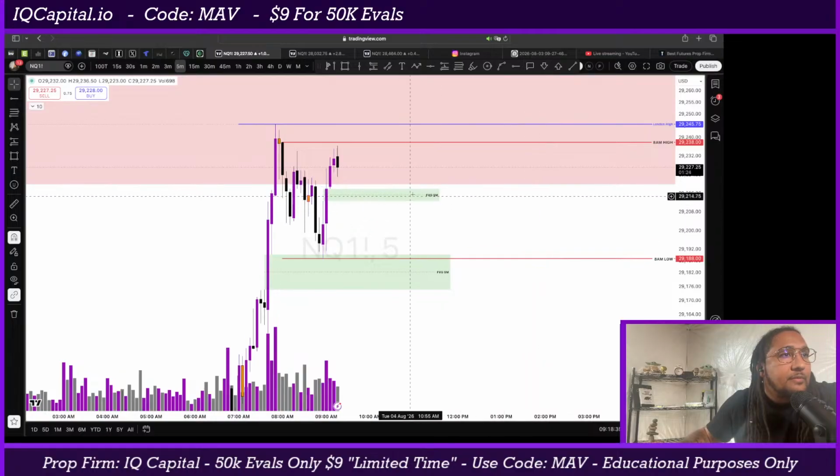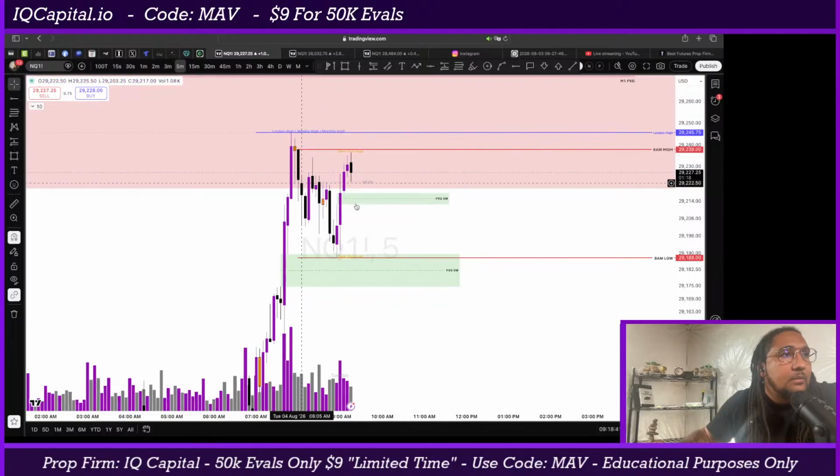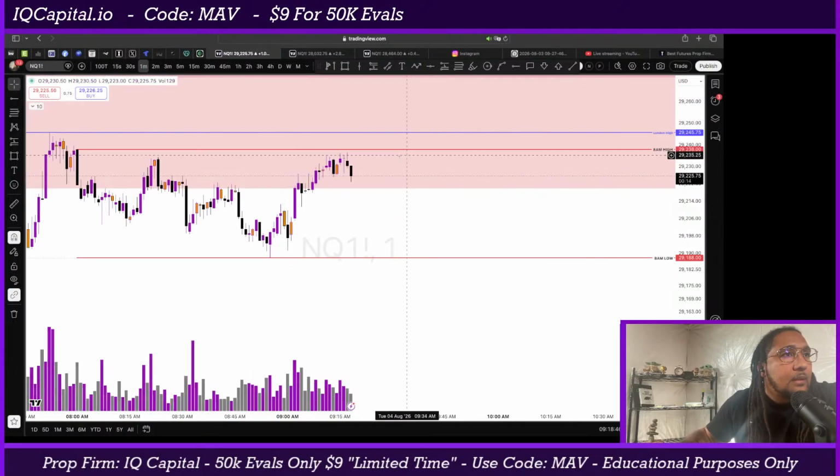So an inversion of this 5 minute may be a little bit too far down to get in. So hopefully we can create some 1 minute and look for an inversion on the 1 minute if we sweep these highs and this key level. By the time we get there, we still got some time before the open.